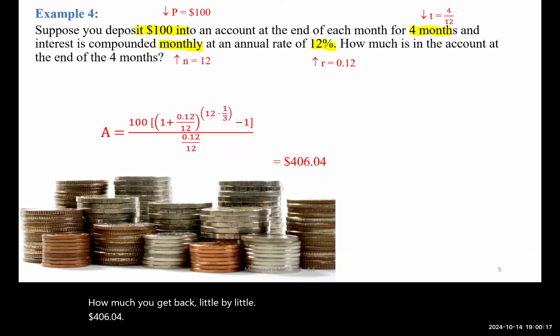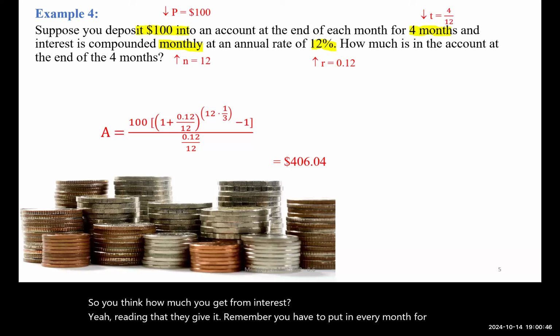If you think like this, how much do you get from the bank for your interest? Remember, you have to put in $100 every month for 4 months.